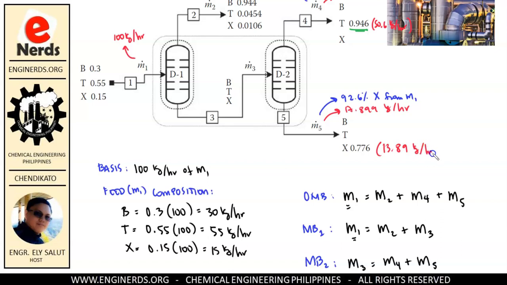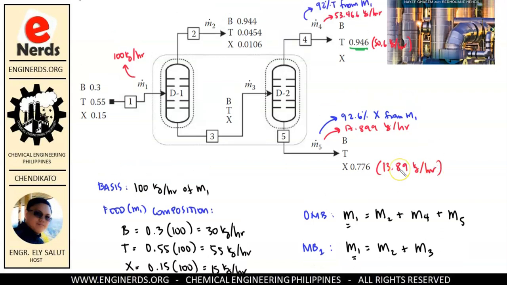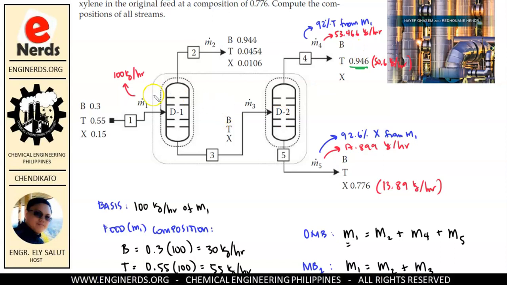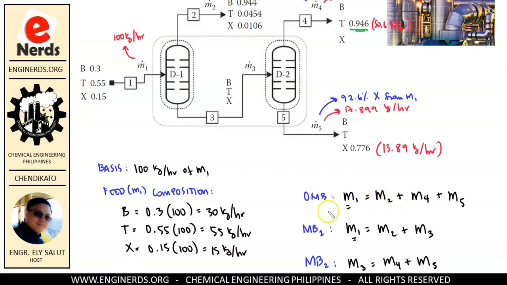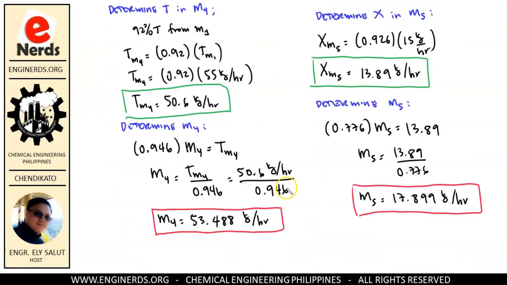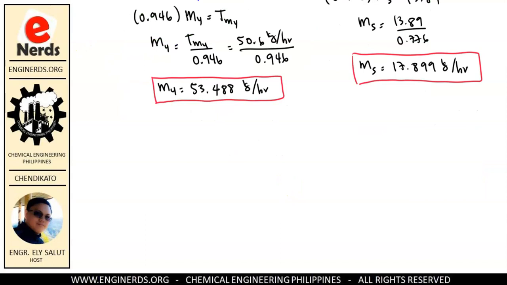Okay, so we know the value of M1, M4, and M5. So based from this overall material balance, alam natin yung value ng M1, M4, and M5. So now we can determine the value of M2. So we will have here our overall material balance, which is M1 is equal to M2 plus M4 plus M5.